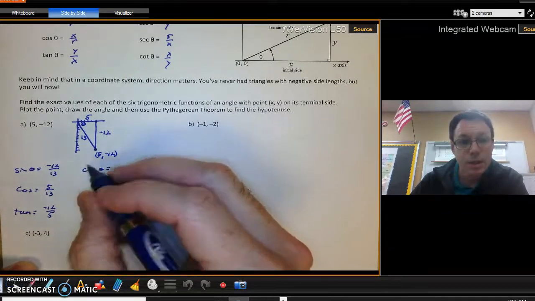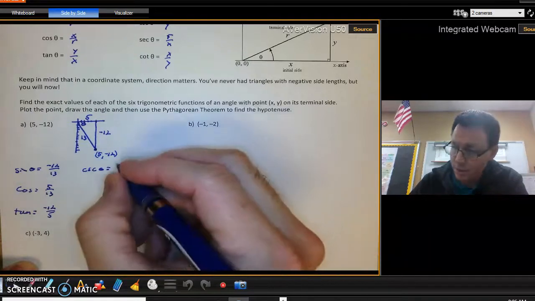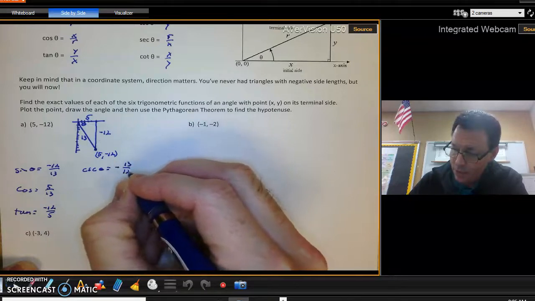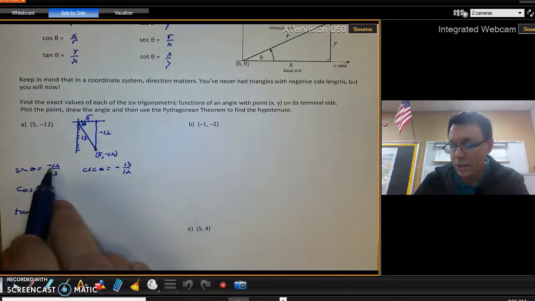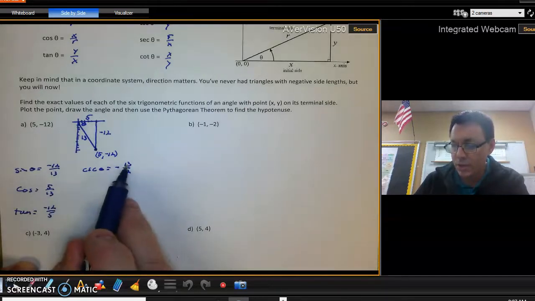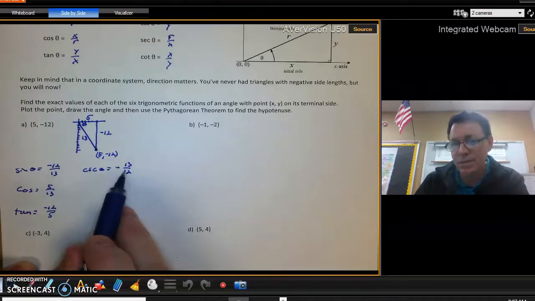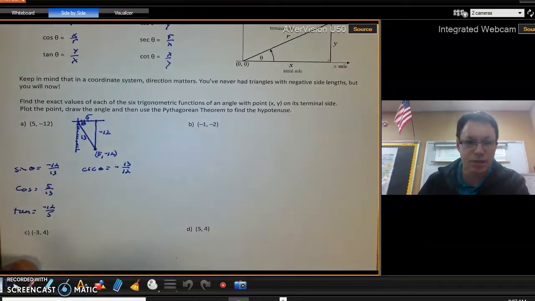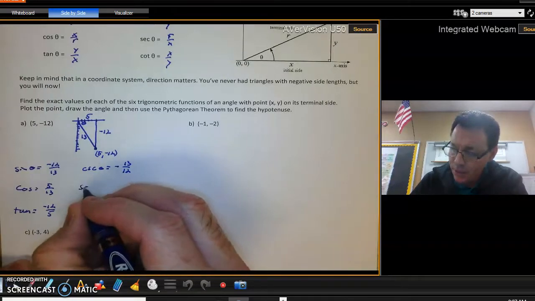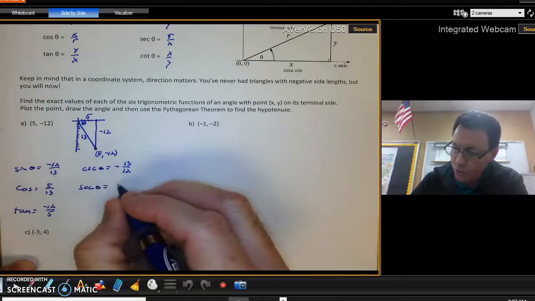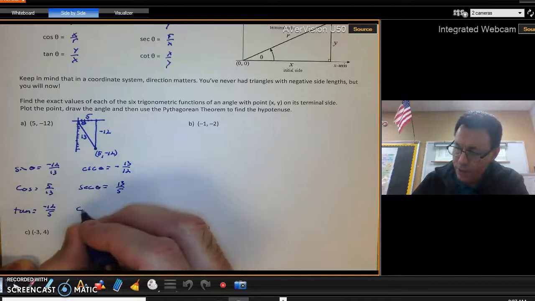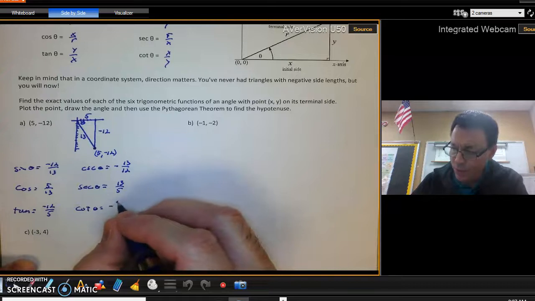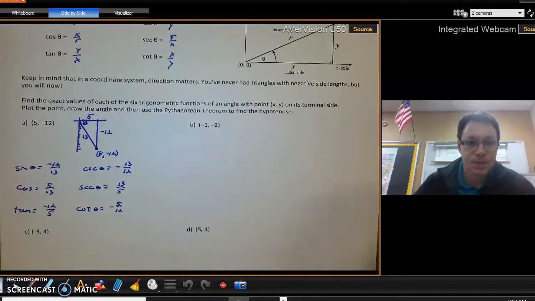If I take this fraction and flip it, it's still going to be negative: negative 13/12. The negative sign, you can attach it to the 12, so I could have put 13 over negative 12. But if you have a part of a fraction that's negative, the whole fraction is negative, so you can also just put the negative out front. The secant of theta will be 13 over 5, and the cotangent is going to be 5 over negative 12, or negative 5/12. That's it.